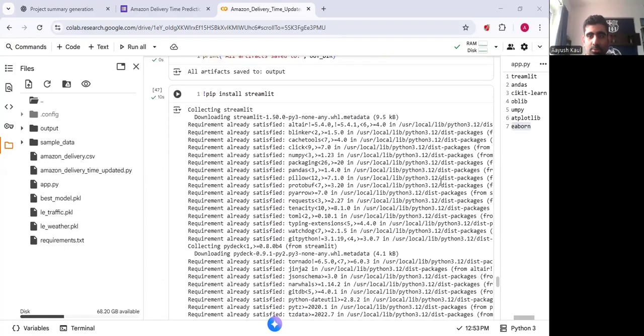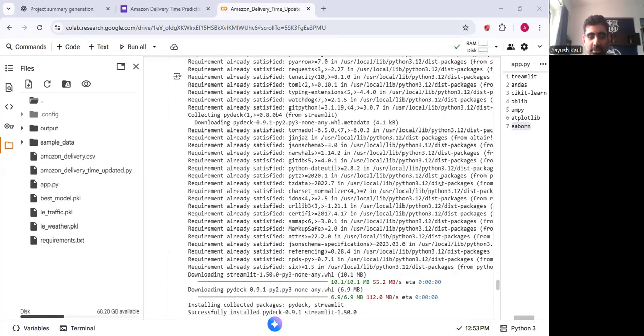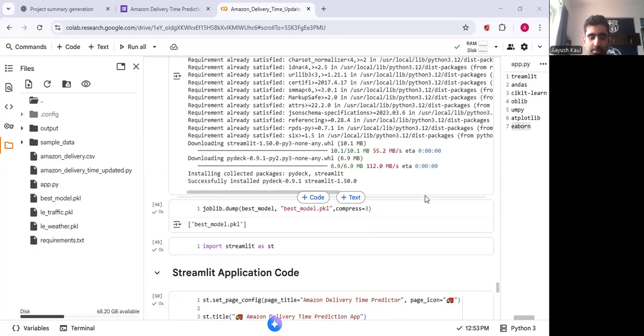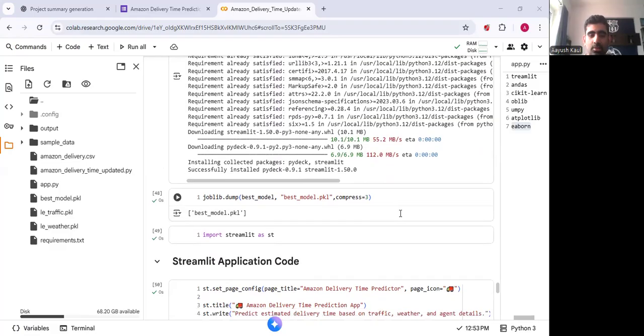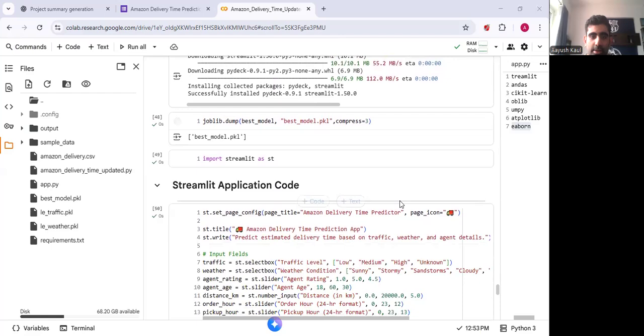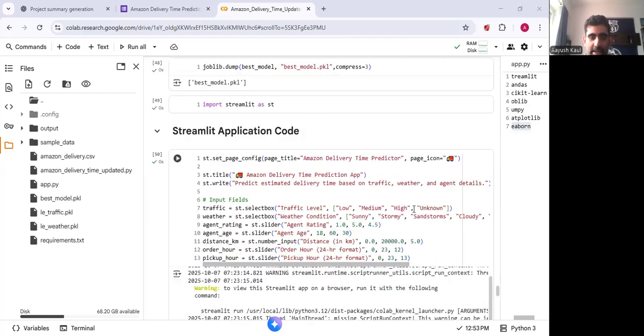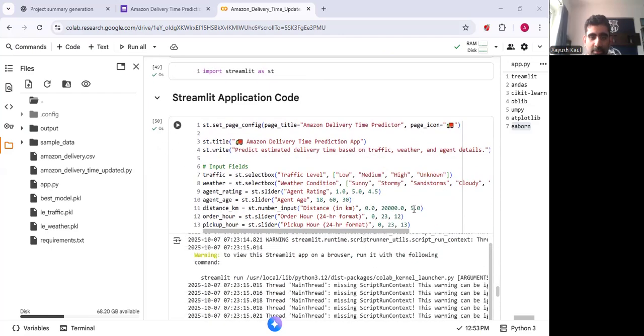And now to deploy the model, we install Streamlit, and then we compress the ML model for easy deployment using this code, which compresses the model by 60 to 80%. And then we import Streamlit, and then we wrote the Streamlit application code, wherein we input all these fields.